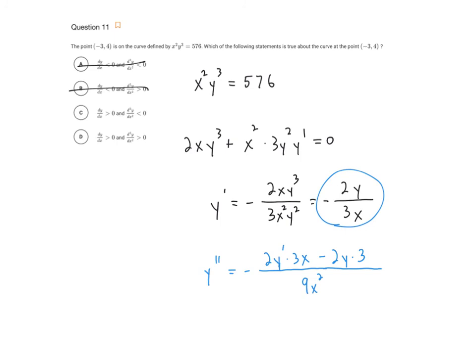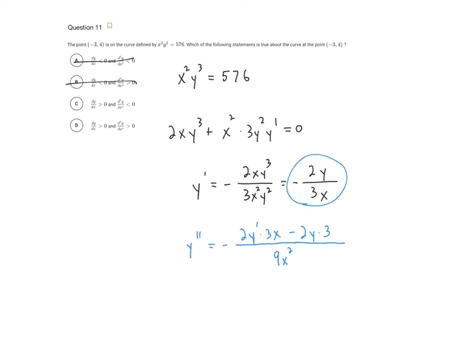Okay, we could clean this up actually just a little bit. I'm going to apply this negative to the top, and that switches these. So these two things in the top will just switch, so that this will be 6y, that'll come first. And then this 6xy prime.